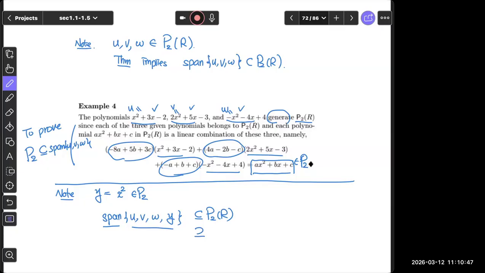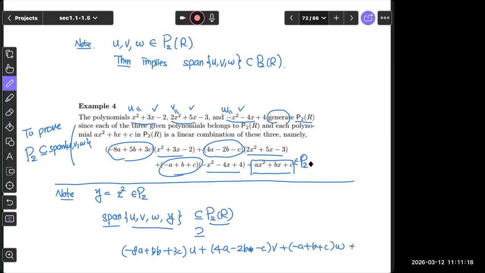When I choose any arbitrary polynomial in P2, say ax squared plus bx plus c, then by the previous note, it equals minus 8a plus 5b plus 3c times u, plus 4a minus 2b minus c times v, plus minus a plus b plus c times w.